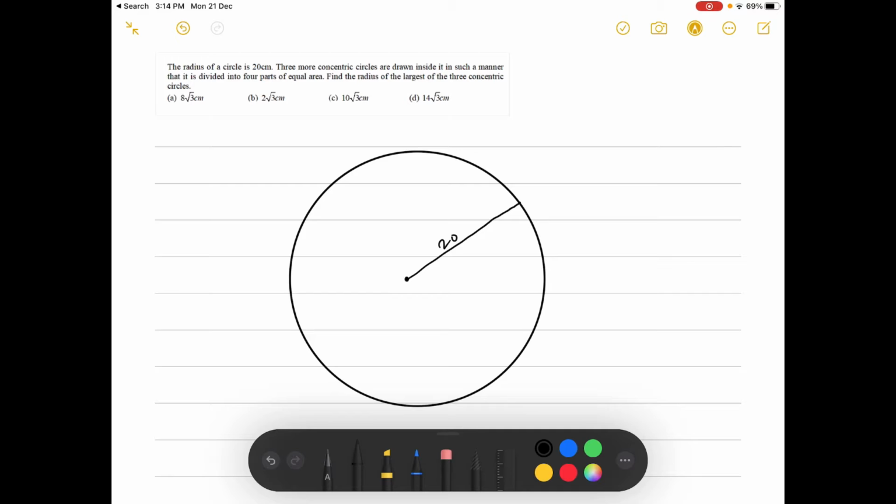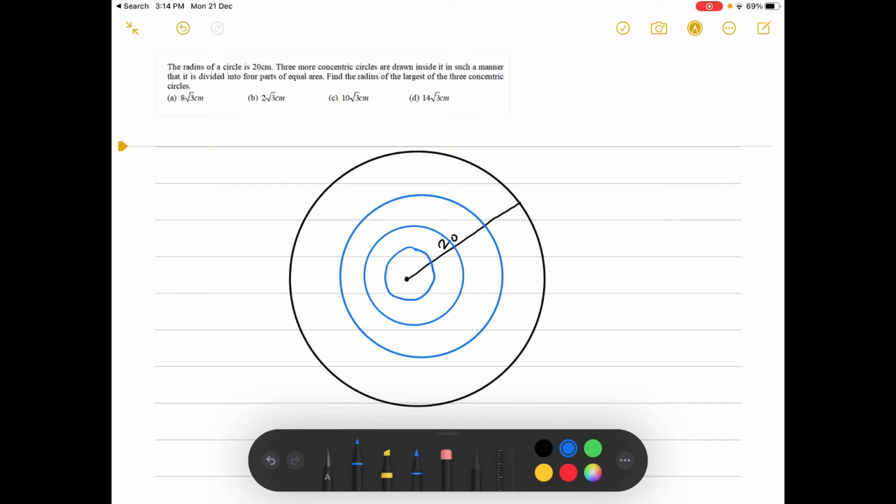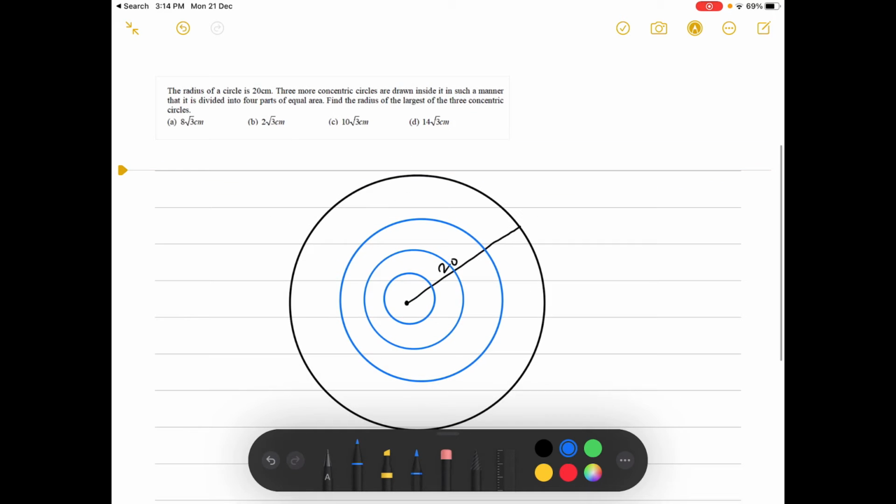So let them be somewhat like this. Excuse my drawing please. Now it says three more concentric circles are drawn inside in such a manner that it is divided into four parts of equal area.